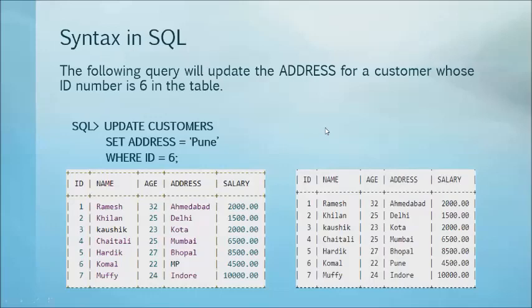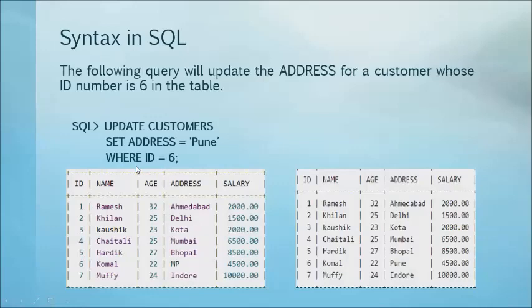table. So our SQL statement would be update customers, set address is equal to Pune, where ID is equal to 6. So from our customers table, we will be updating the ID number 6 address.